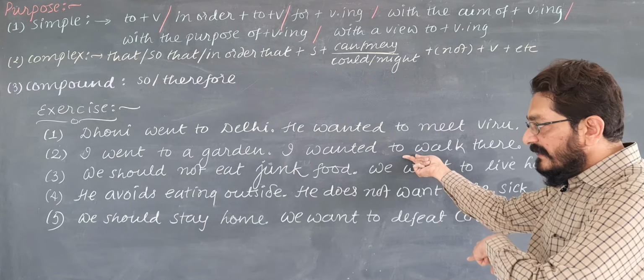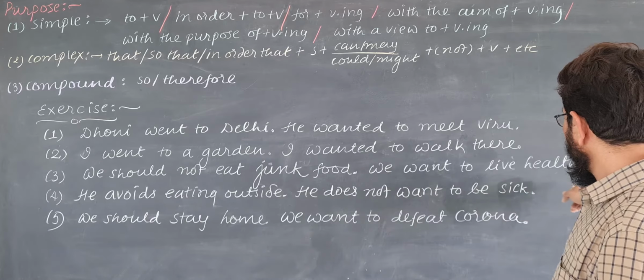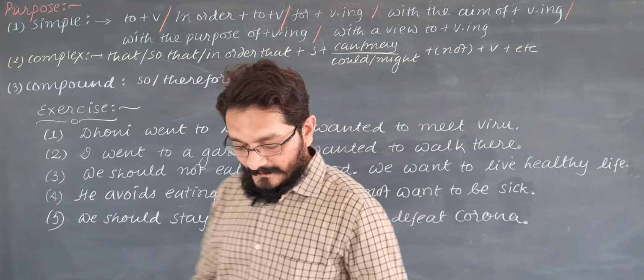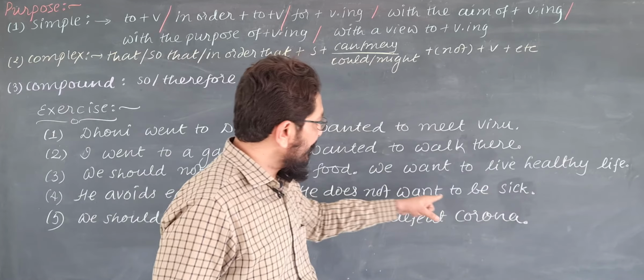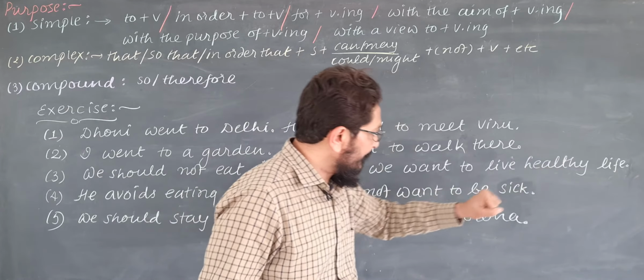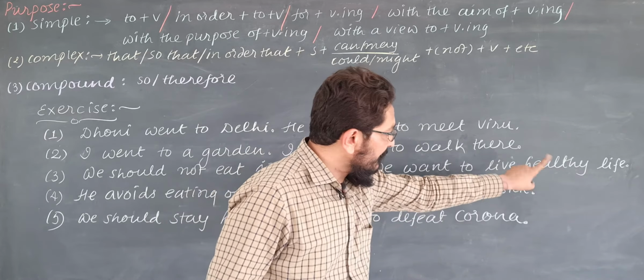We should not eat junk food. We want to live a healthy life. We should not eat junk food to live a healthy life. In order to live a healthy life, for living a healthy life, with the aim of living a healthy life, with the purpose of living a healthy life, with a view to living a healthy life.